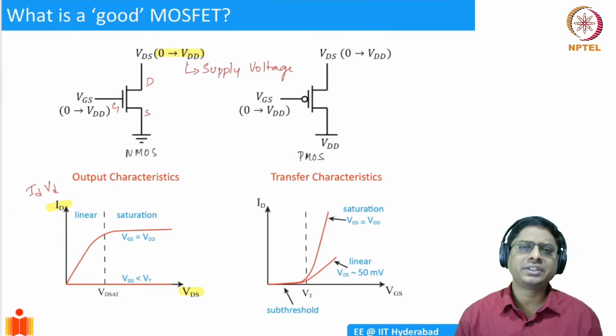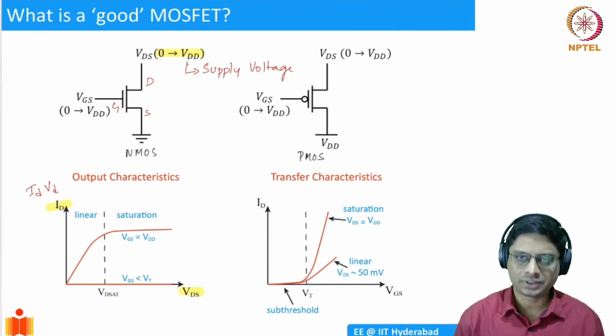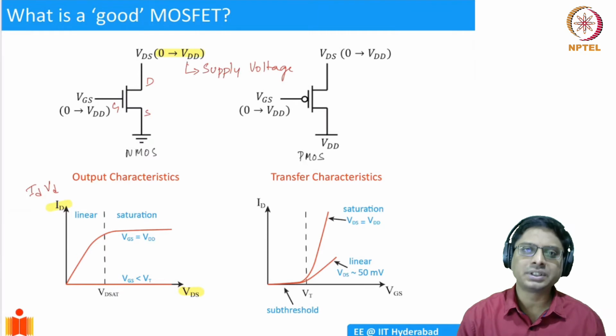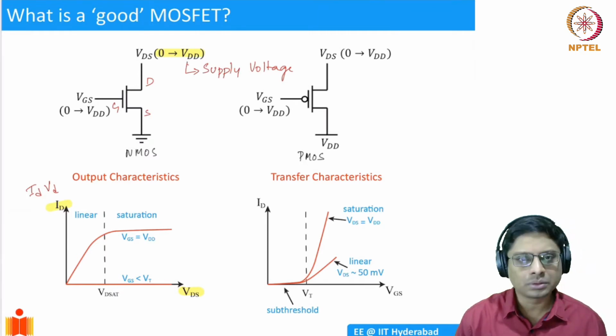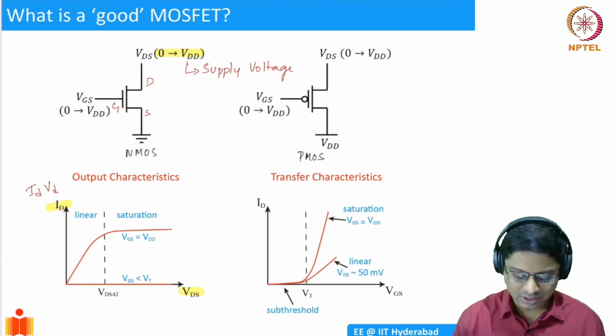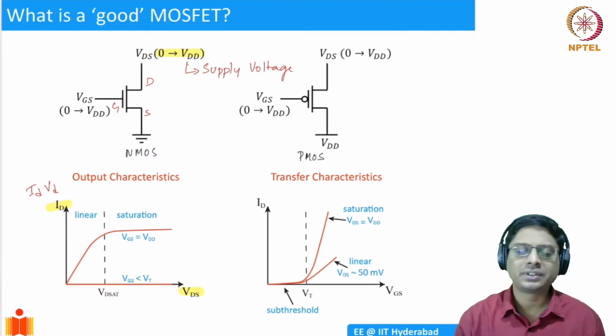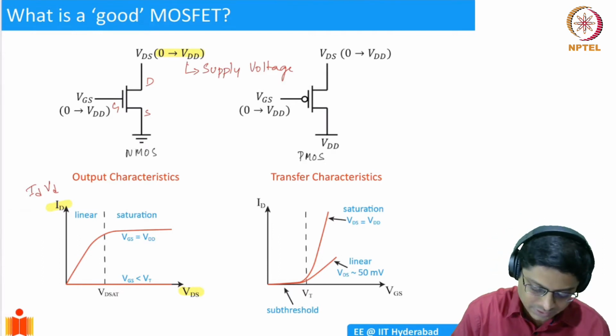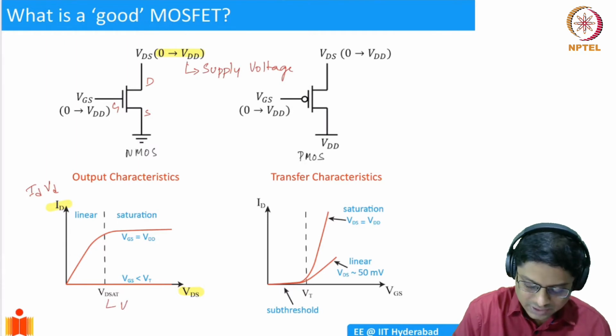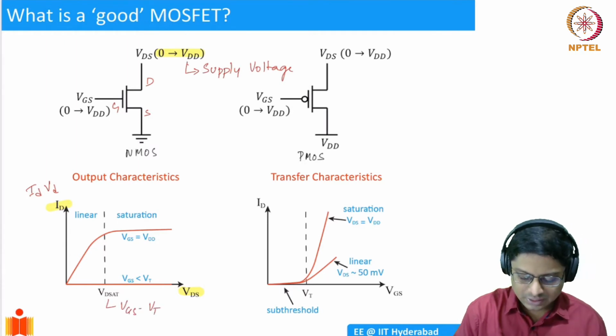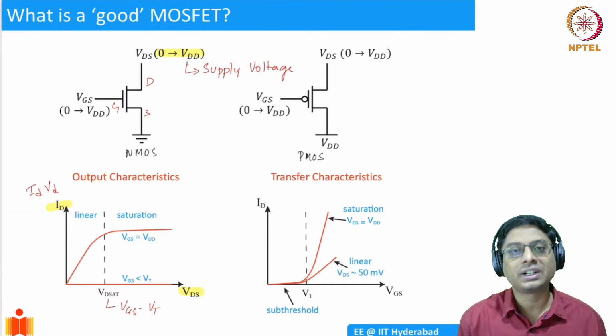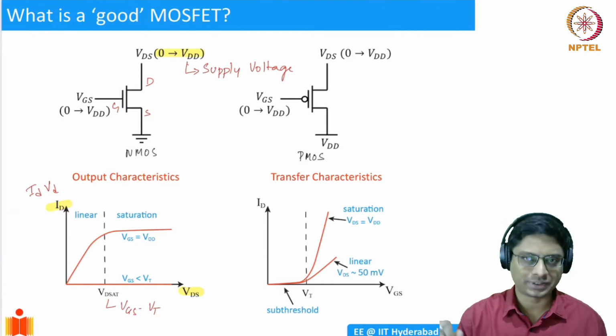And we have seen this in detail. We fix a particular gate voltage and then sweep the drain voltage from 0 to the maximum number. While we do that, we saw that when the drain voltage is small, your MOSFET is biased in the linear regime, and then as you cross VD-SAT, which we said is equal to VGS minus VT, if your drain voltage is greater than VD-SAT, the current saturates.